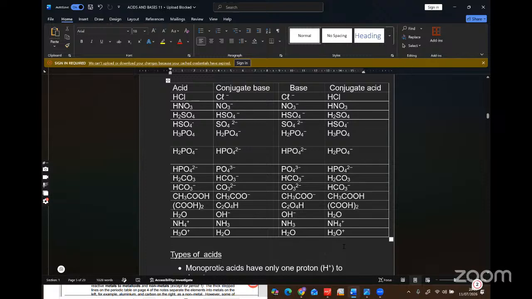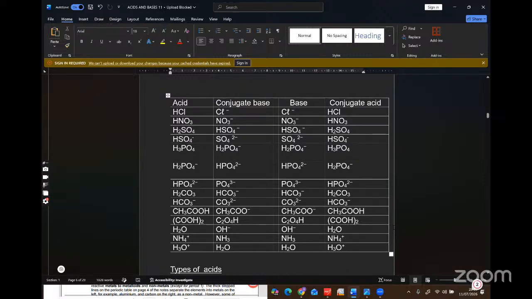So these are examples of acids and their conjugate bases, a list of them. You have to go through them and get familiar with them because most of the questions they ask would involve things like this. So if you have hydrochloric acid, if you remove hydrogen out of it, whatever is left is its conjugate base. If you have nitric acid and you remove hydrogen, whatever is left is its conjugate base.